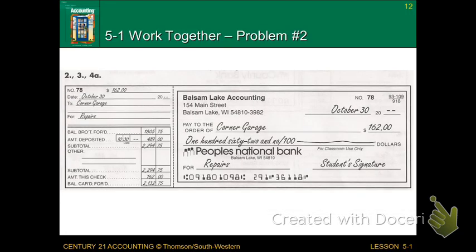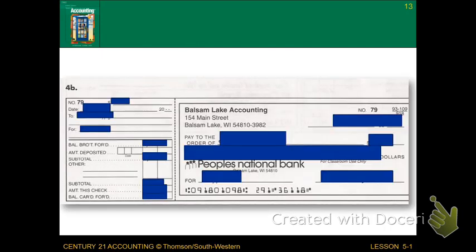So again, we're going to take that balance carried forward for $2,132.75 to our next check stub, and where it says balance brought forward in the middle of the check stub, we're going to write that same amount again, $2,132.75. And the subtotal, again, $2,132.75, because we're not making a deposit.